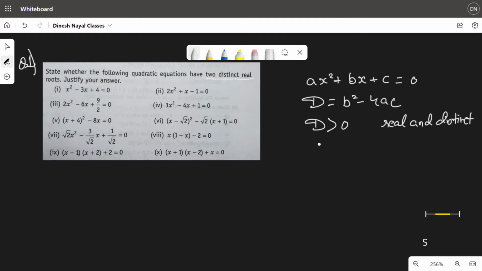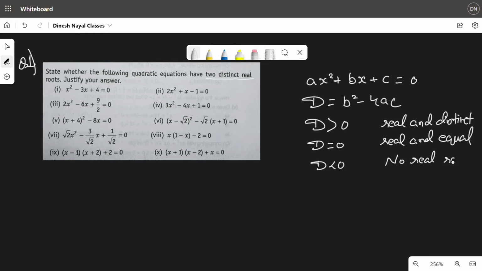If D equals 0, then the roots are real and equal. And if D is less than 0, then the roots are not real, or you can say no real roots or imaginary roots.